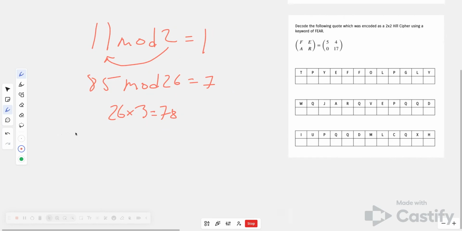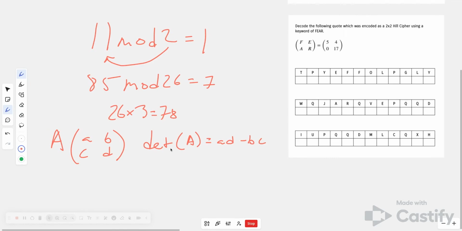The way you do that is, if you have a matrix A with entries A, B, C, D, the determinant of A is equal to AD minus BC. So it's these two numbers minus these two numbers.